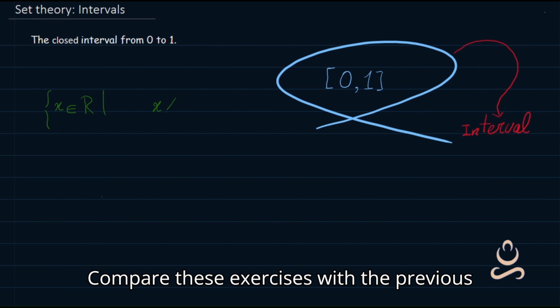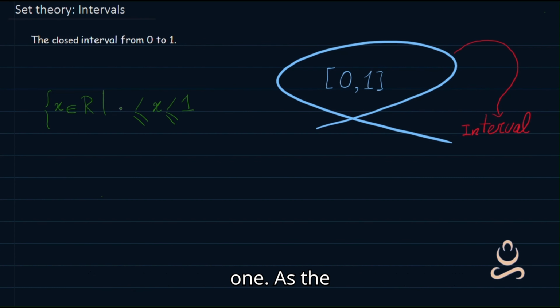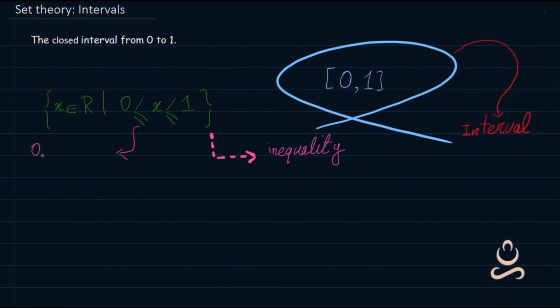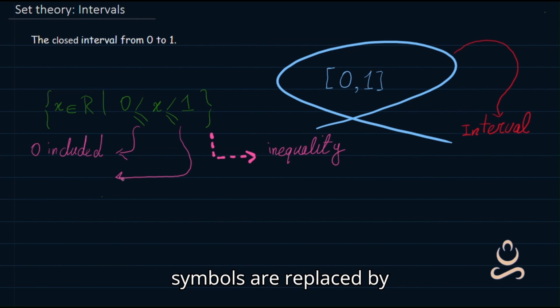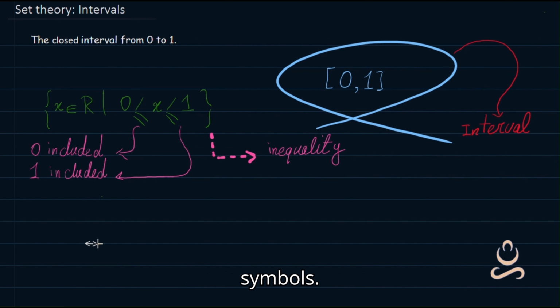Compare this exercise with the previous one. As the interval is closed, round brackets are replaced by square brackets. Smaller than or greater than symbols are replaced by smaller than or equal and greater than or equal symbols.